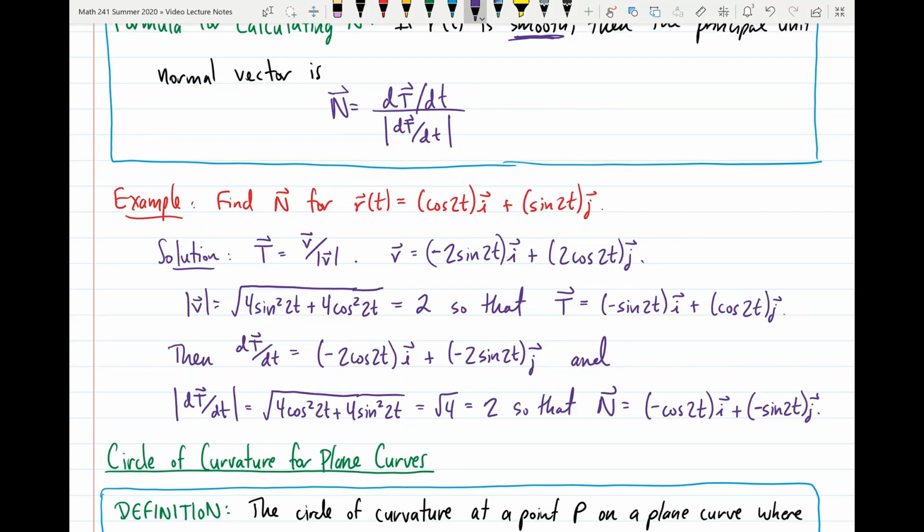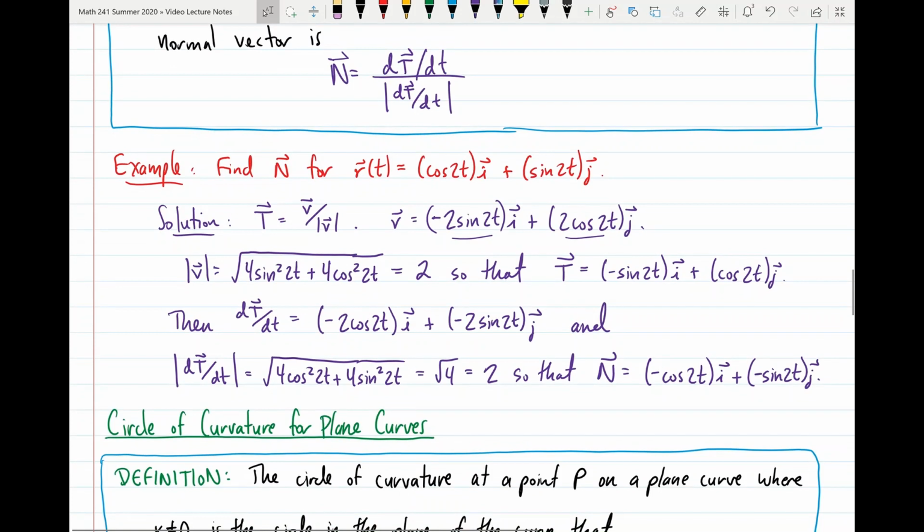So the unit tangent vector is equal to the velocity vector divided by the magnitude of the velocity vector. And the velocity is just the derivative of r. So the velocity is equal to minus 2 sine of 2t i plus 2 cosine of 2t j.